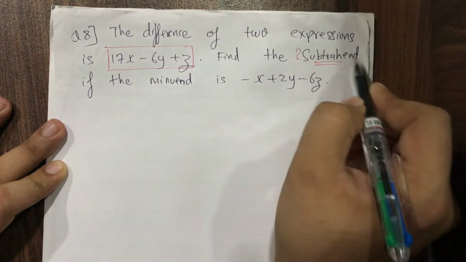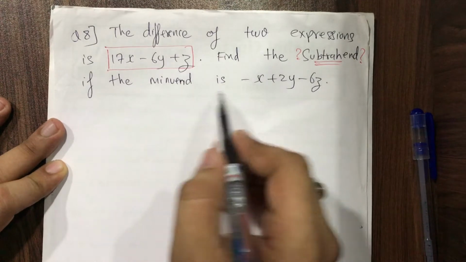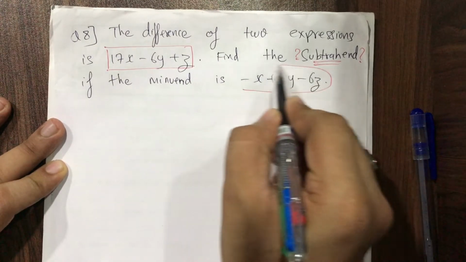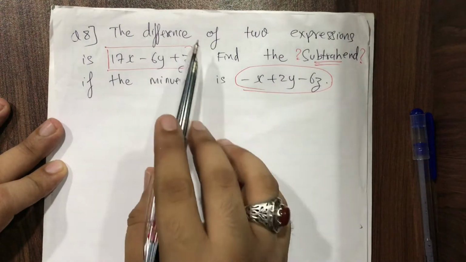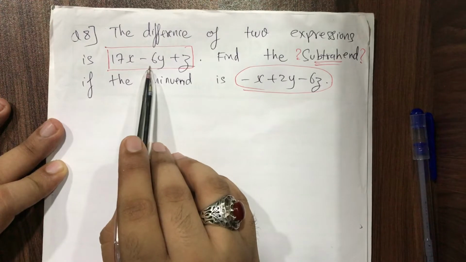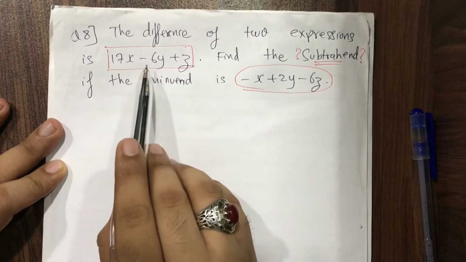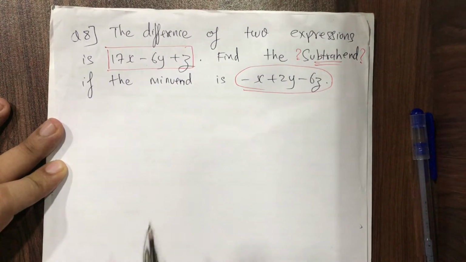We need to find this subtrahend if the minuend is minus x plus 2y minus 6z. Once again, I repeat, the difference between two expressions is given to us. This is the difference. This is the answer of the subtraction. Find the subtrahend if the minuend is this.